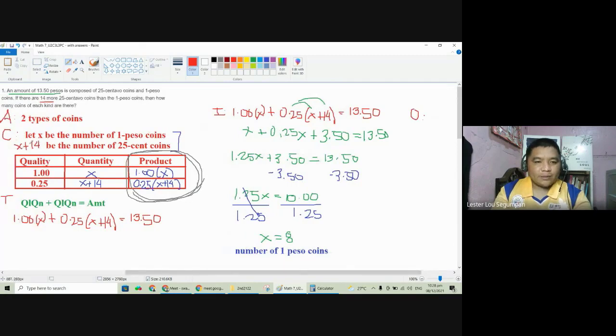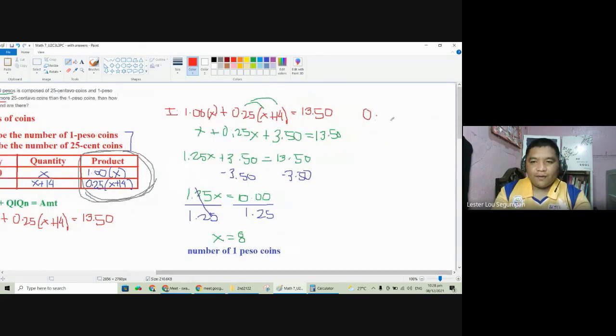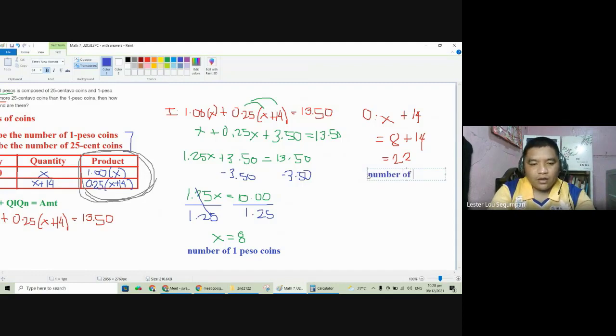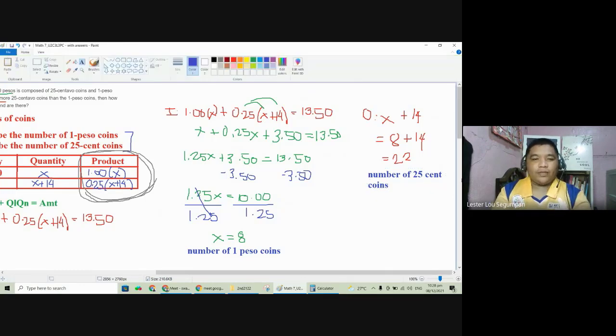We have here x plus 14 as the number of 25 centavo coins. X plus 14, where x is 8, plus 14, you will have 22 pieces. This is the number of 25 cent coins.